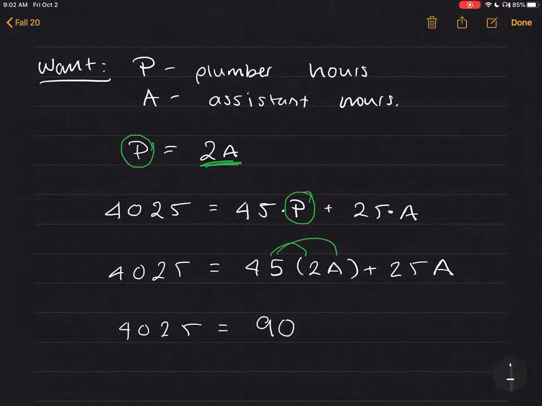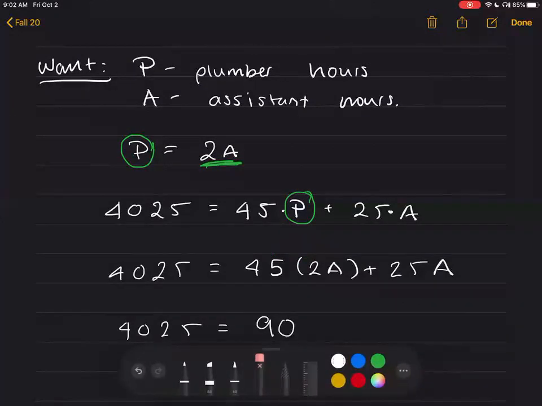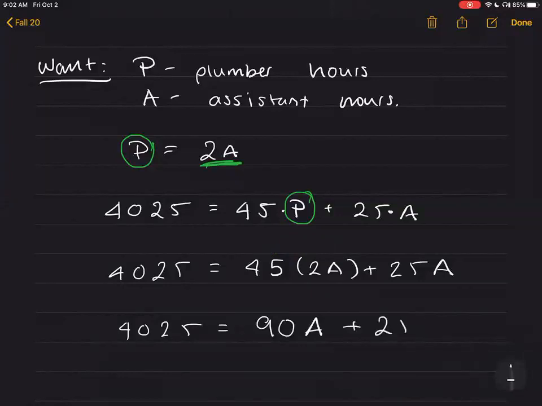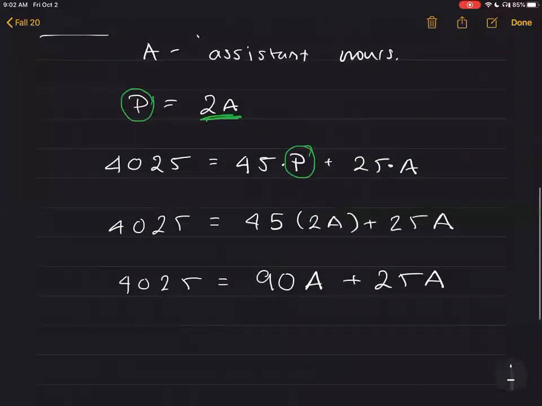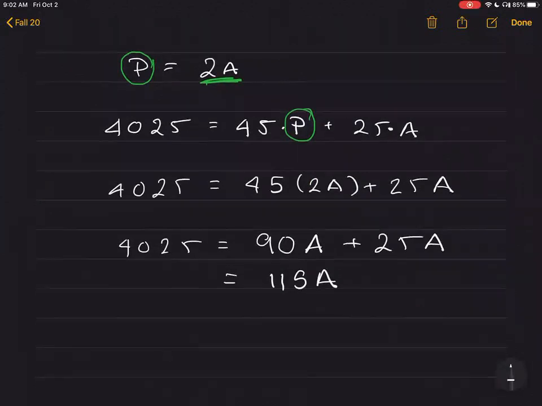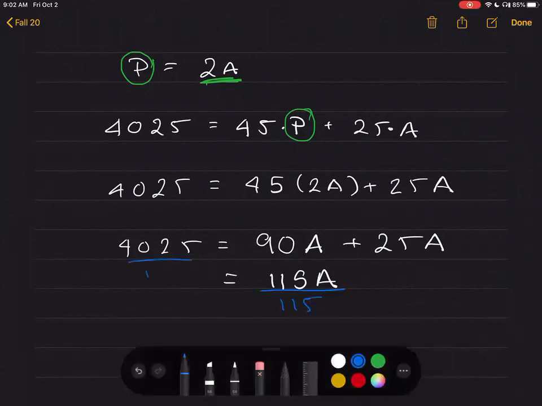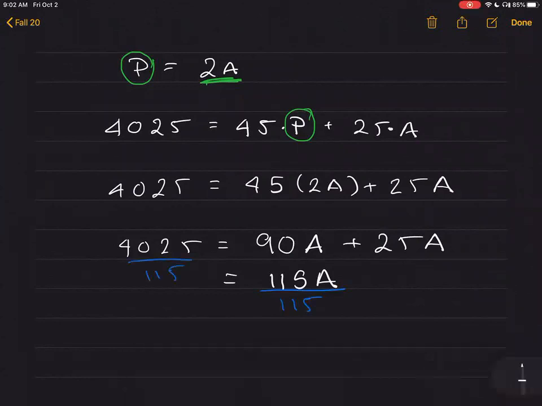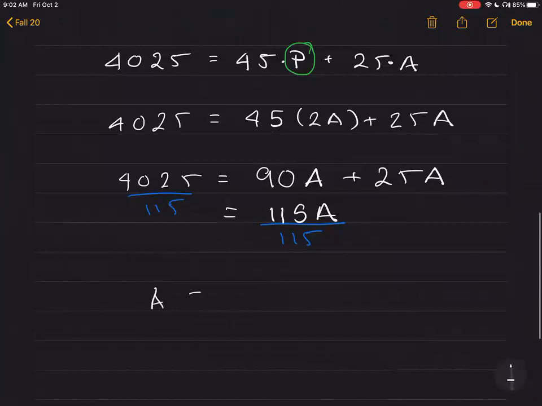Sorry, that was dumb. Not distributing it there, there's no addition. It's just 90A. My bad. There we go. And then if we add these together, we get 115A. Now if we divide both sides by 115, we get A equals 35.